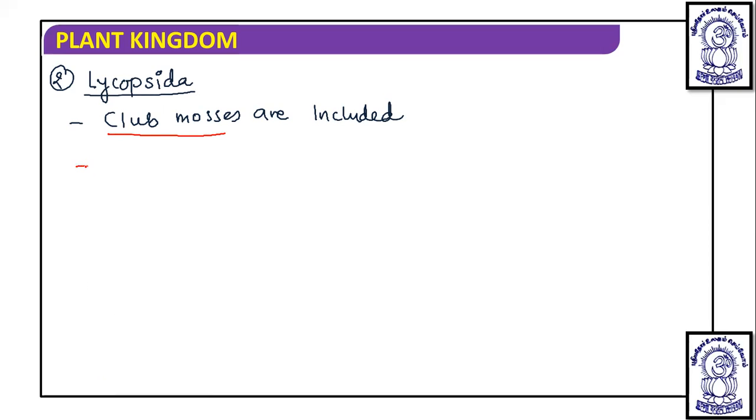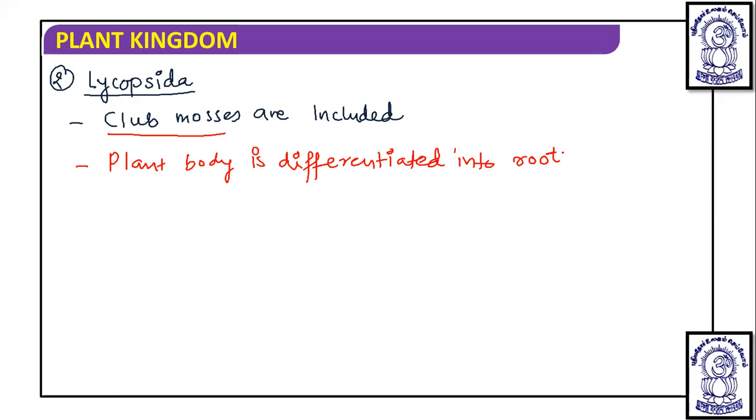Now in this, the plant body is differentiated into root, stem and leaves. Okay, so that is the characteristic feature.